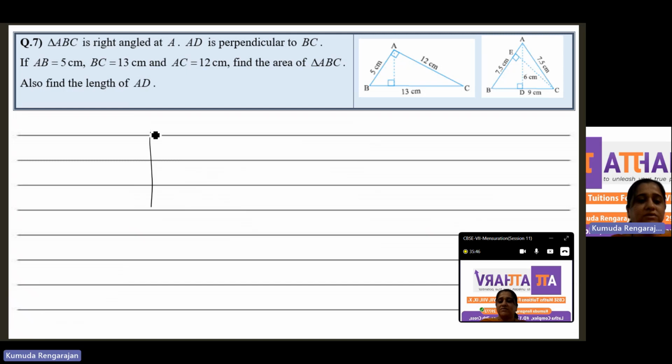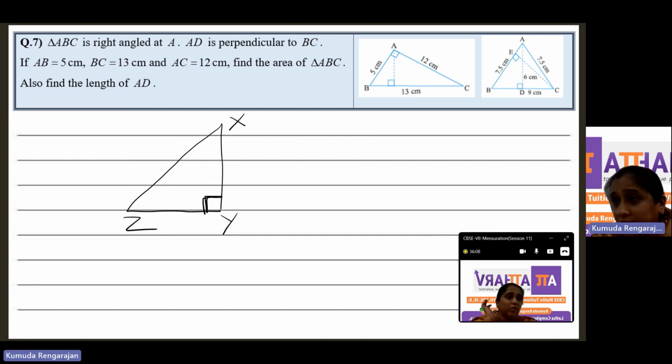Let me start with Dhanvin. Dhanvin, now there's a right triangle. I'm going to call it PQR again. Oh no, same name. So, say XYZ. This is 90 degrees.